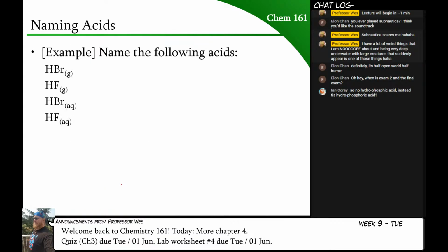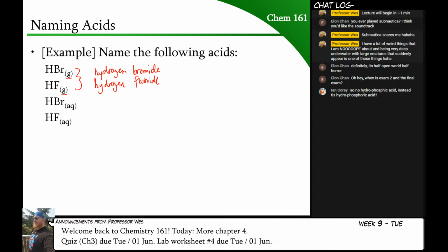So here's some examples here. These are gaseous, so we're going to name them with the hydrogen, space, and then whatever the element is with ide. So that'd be bromide in this case, and fluoride in that case.